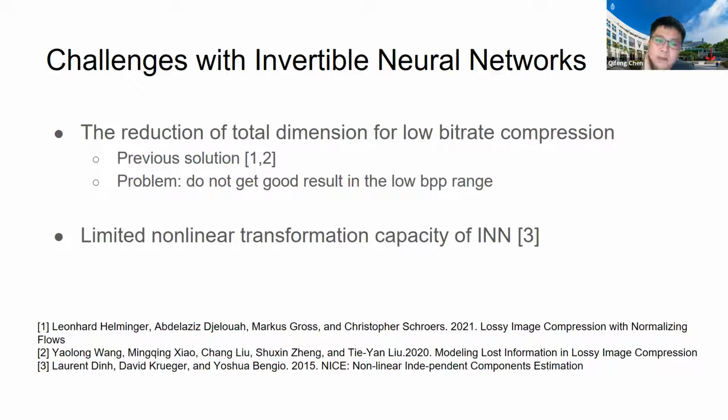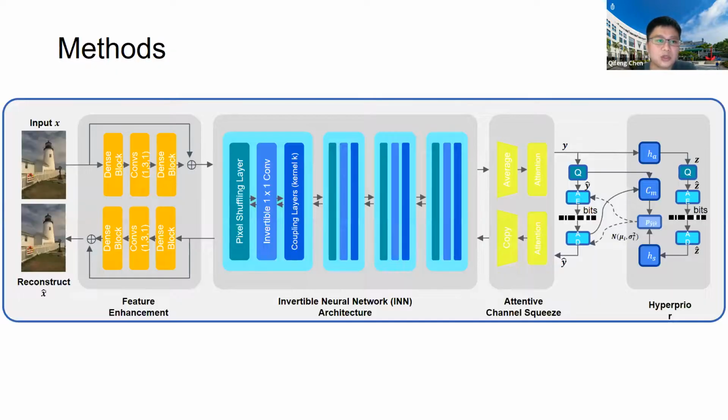And we find that if we only use the invertible neural network, the building blocks are somehow limited: affine coupling layers or one by one convolution. There are not many different types of blocks we can use in the invertible neural network, and we try to address this issue. So here is what we design. First of all, we don't directly put the image into the invertible neural network. We have some dense blocks and convolutional blocks.